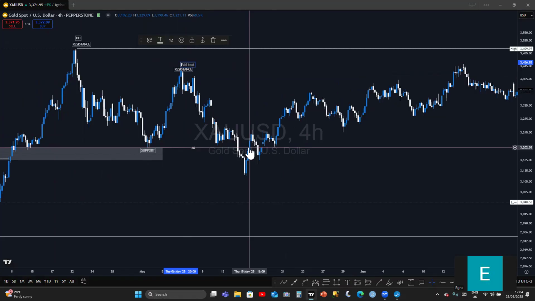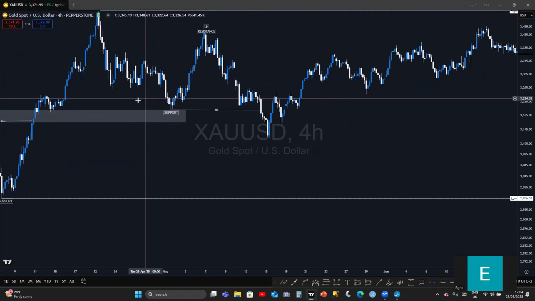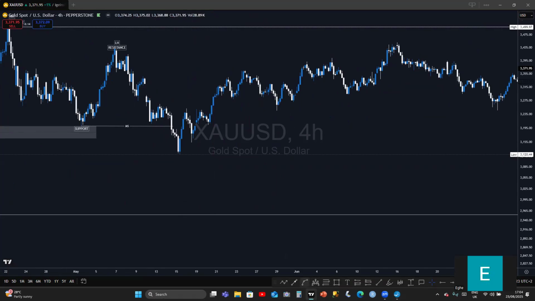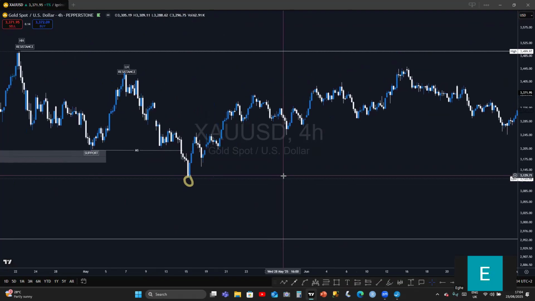This is a lower high, LH. This is where we experience market shift, and price created this low. All right, it created this low. It created a support here. This low broke structure to the downside, giving us a market shift.